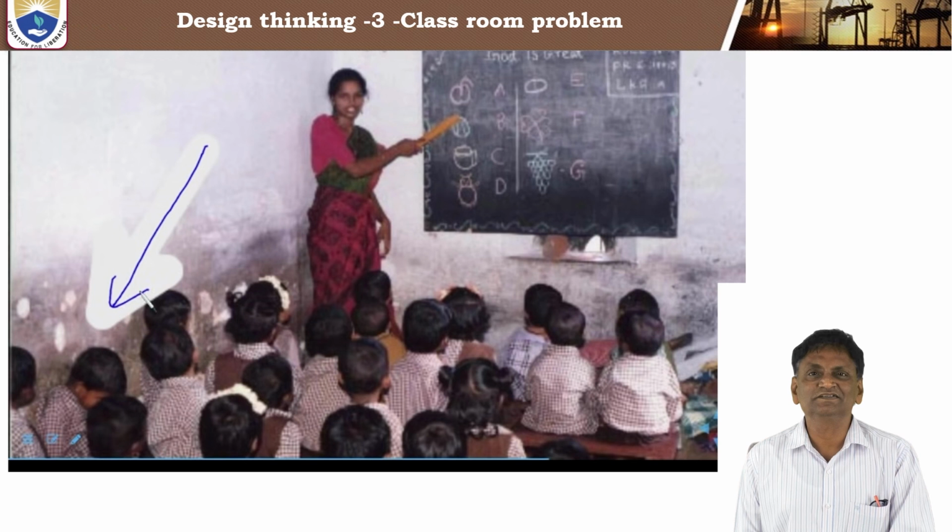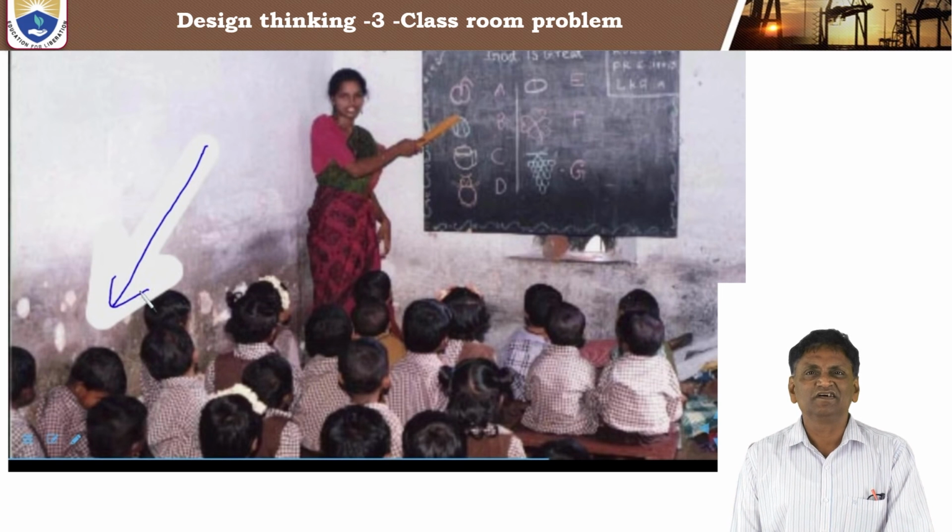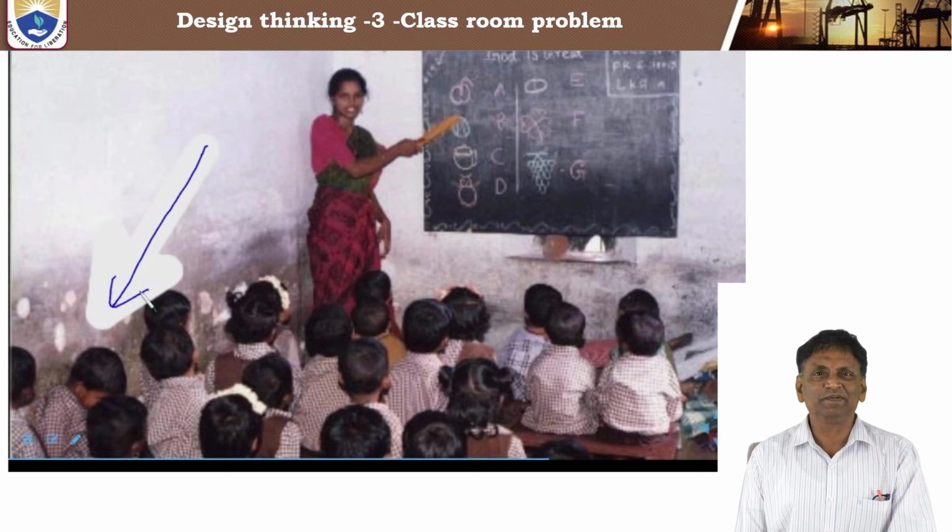In this picture, the teacher is facing one problem. Could you identify what the problem is here? You could see one child is not paying attention to the teacher. The arrow mark shows he is not paying attention to the teacher.